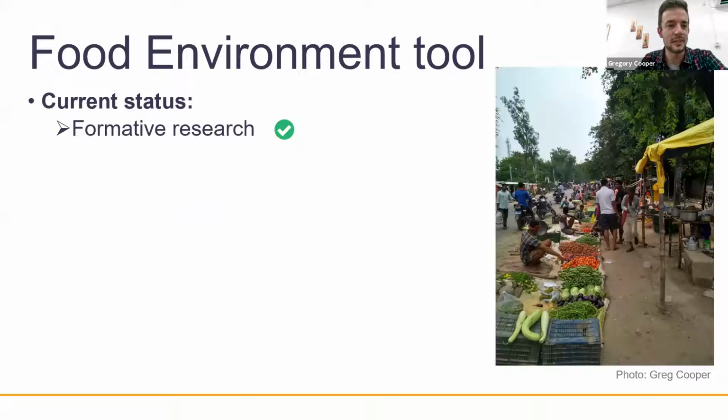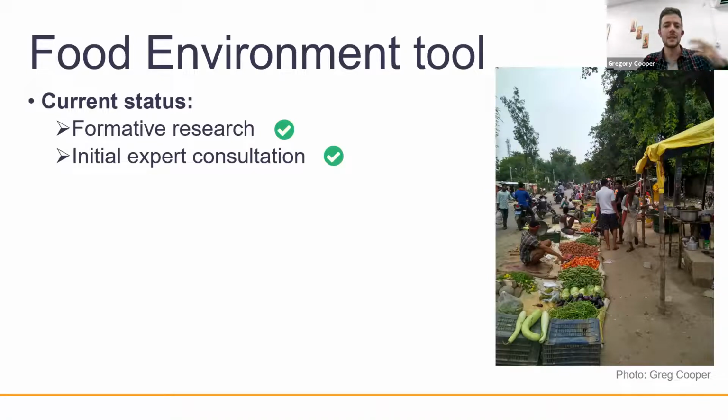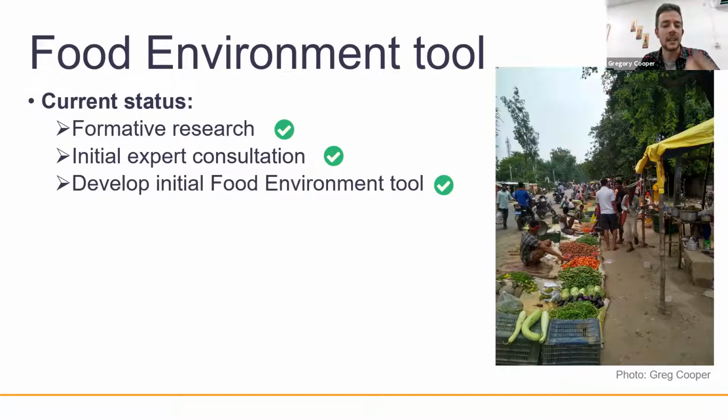Just to go through this, a lot of formative work has been done by Dominic and Sunita over the last year or so, and I know a few of you on this call have contributed as well to some of that formative research. The initial scoping studies then went through initial expert consultation, where at least 11 or 12 experts in food environments were consulted, and different ideas were discussed and considered to then develop an initial food environment tool.